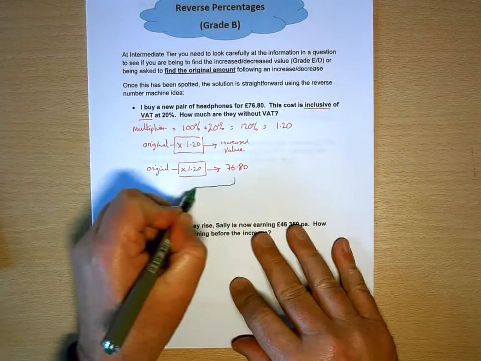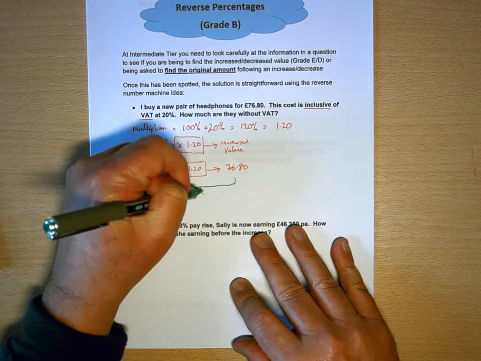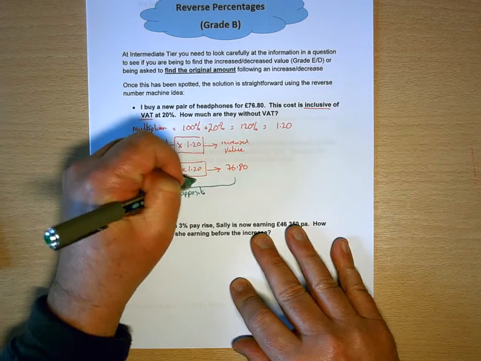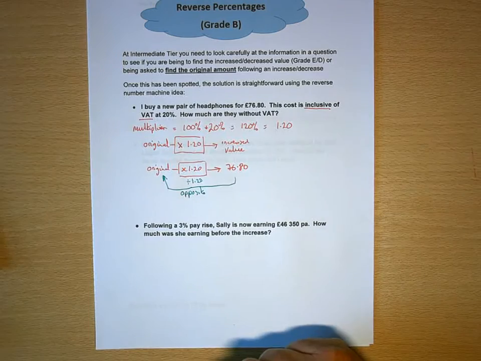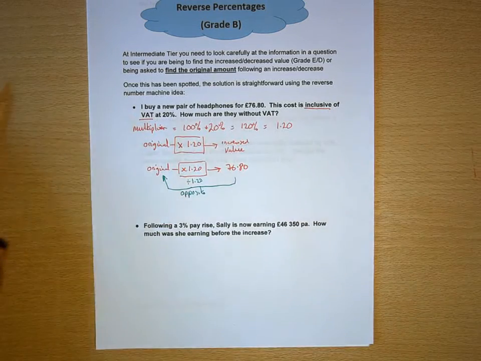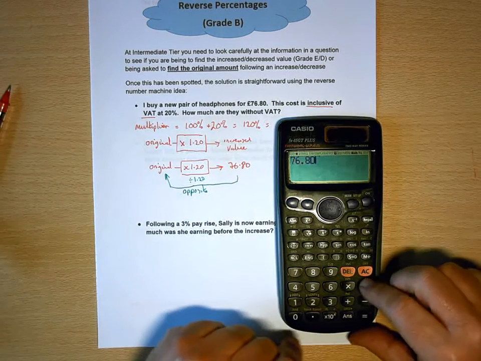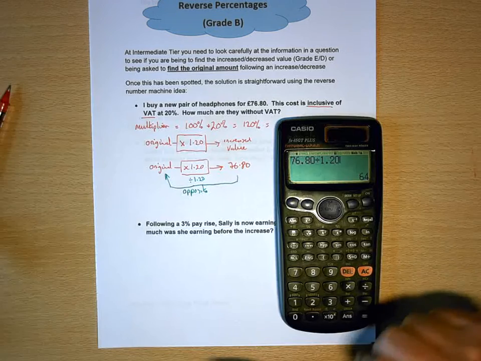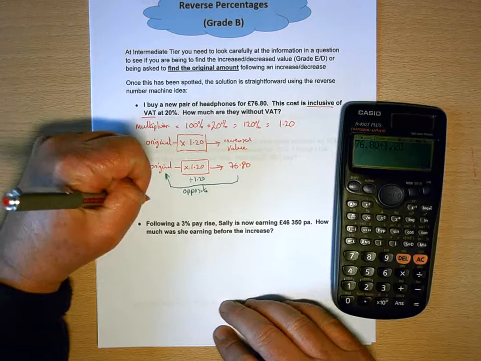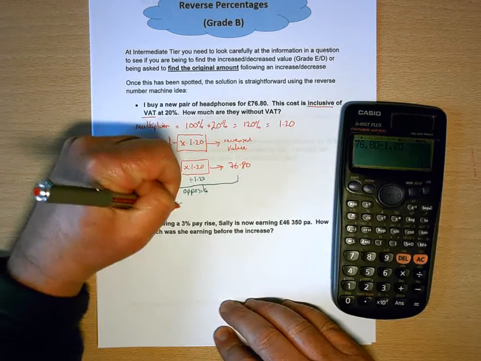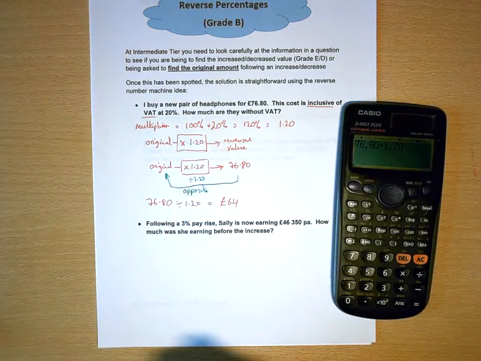So when I'm going backwards, I've got to do the opposite, which is divide by 1.20, and that will give me the original. So 76.80 divided by 1.20 equals 64. So the original amount is £64.